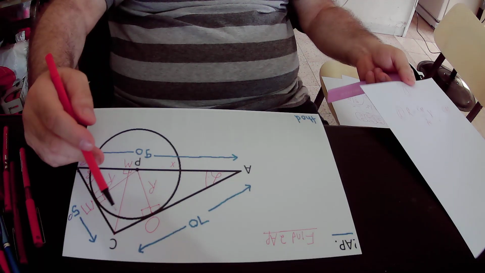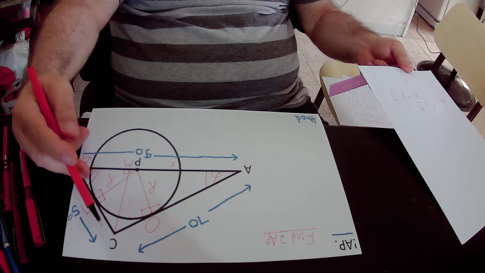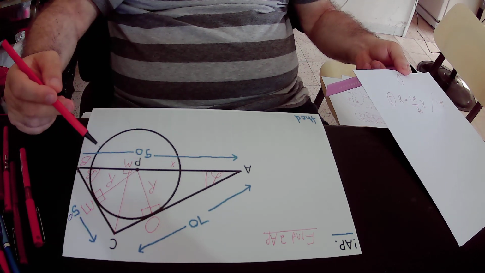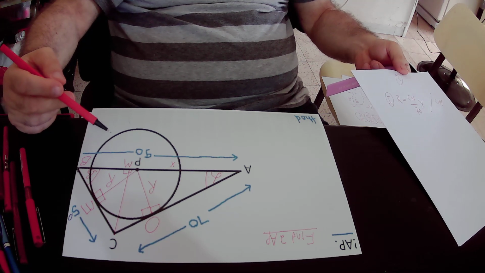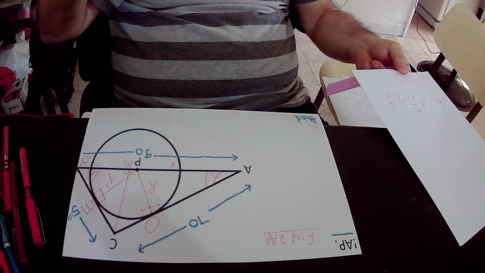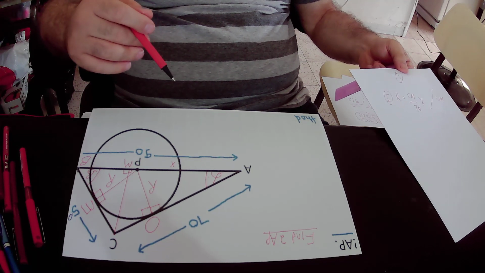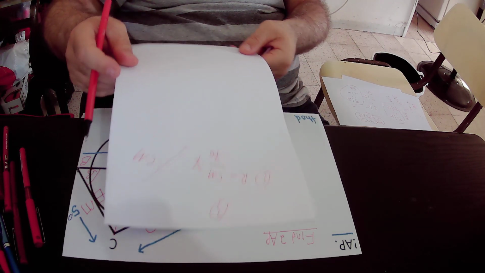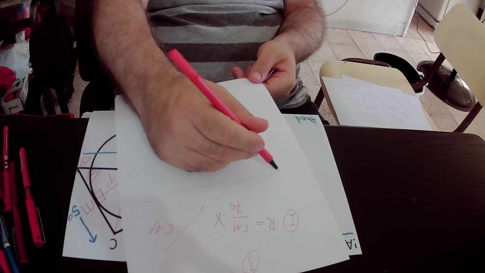Actually, as you can see from the picture, CM is the perpendicular to side AB of the triangle. So CM is a positive number, it can never be zero. For that reason, it is allowable to divide both sides of the equation by CM.